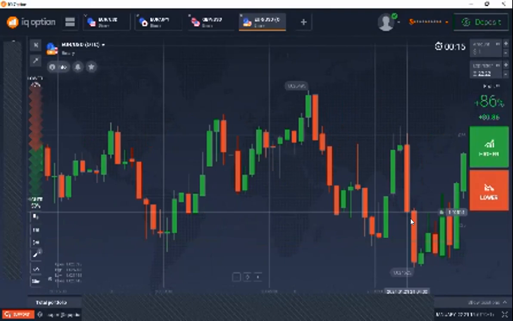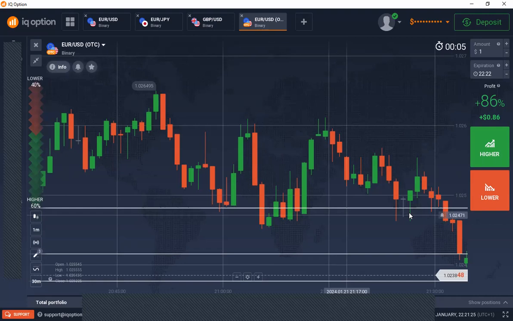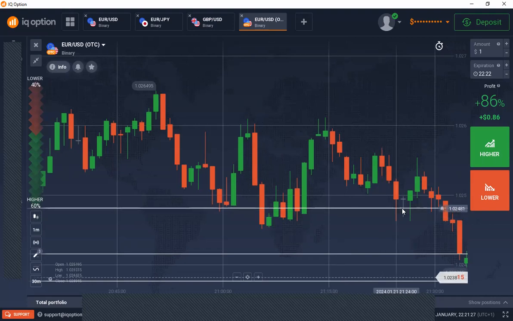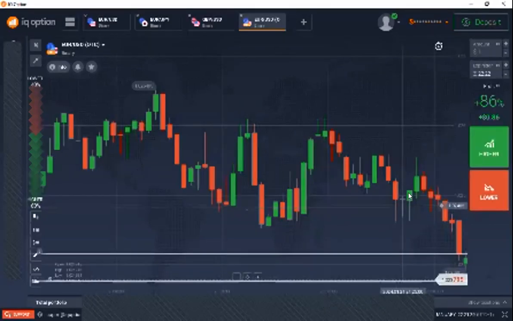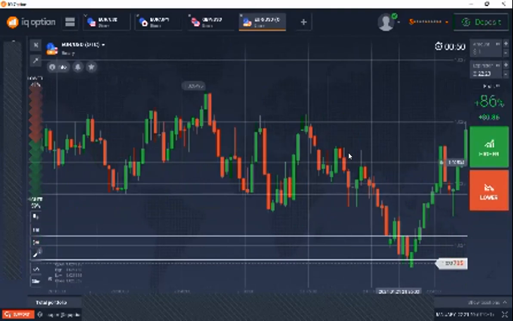But right now, this candle violates the line, and then we have some bullish movement, consolidation, and a bullish trend, but not for long. We also have some kind of rejections from that level, a few buyers entry. So it seems that buyers are becoming weaker. So that is why the sellers keep pushing the price down.